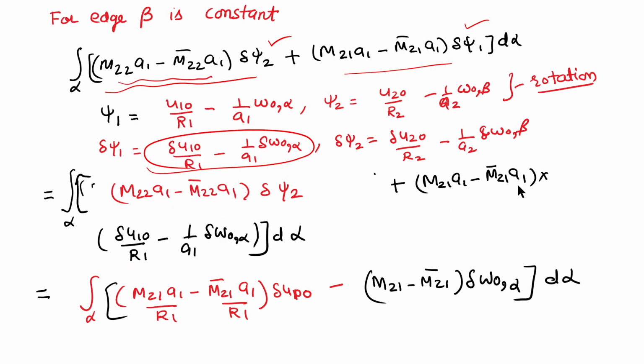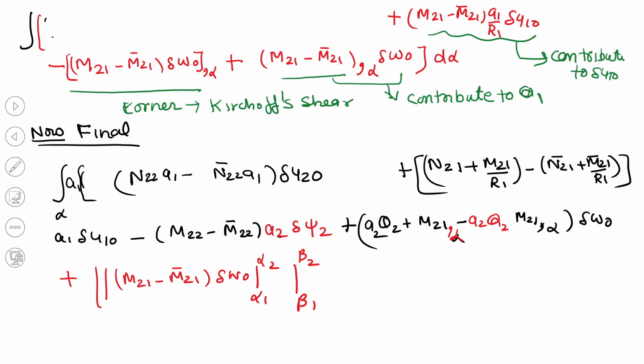One term will give a contribution to del u 1 0. So, r 1 comes inside. The second term will give you the contribution to del w naught, but again it is a derivative with respect to alpha. So, we will further reduce it to just del w naught. If we proceed further, it will give you 2 terms, one is this, the second is this.